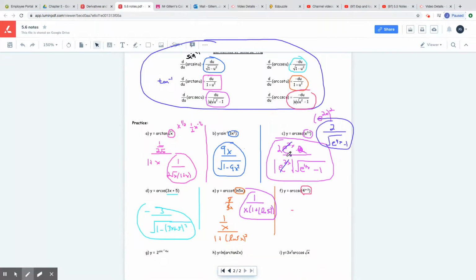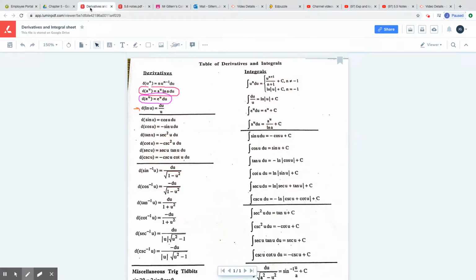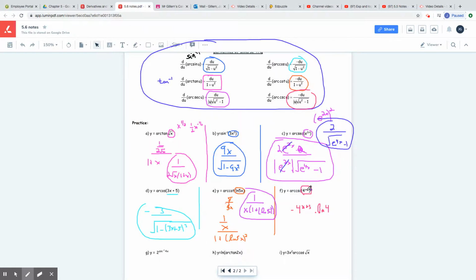That's what we just did in our last section. So it's a to the u, so we're going to rewrite what we just had, times the natural log of a, which in this case is 4, times the derivative of u, right? So du, which is x plus 3 in this case, which is just 1. So we have negative 4 to the x plus 3 times the natural log of 4. I don't need to put the 1 there.